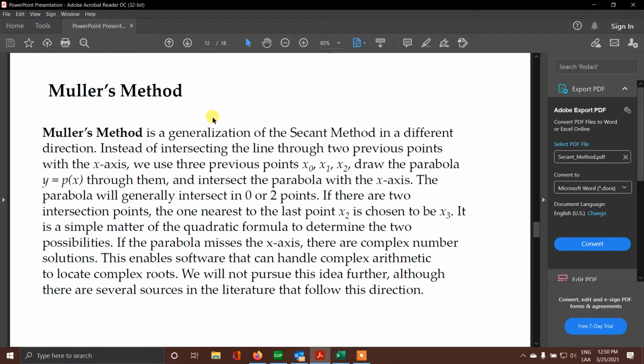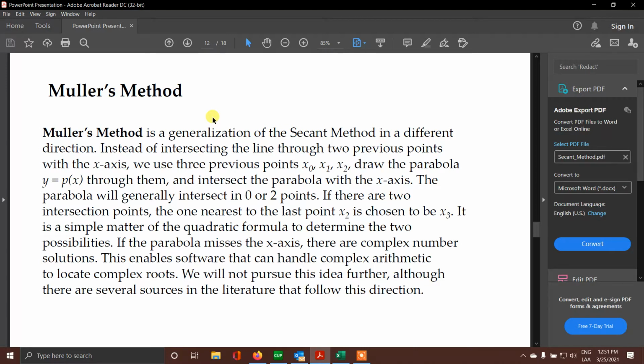In general, remember that when we iterate, the initial condition was x0, x1, x2. In the second iteration, we will have x1, x2, and x3. That's why I'm saying that the one that is nearest to the last point, x2, will be chosen to be x3. It's just a matter of using a simple quadratic formula to determine the two possibilities. And then by iterating, we're going to be very close to the intersection with the x-axis.